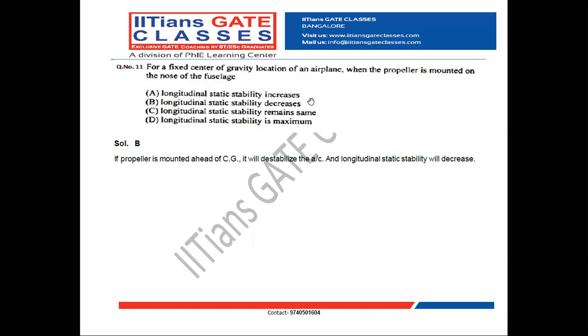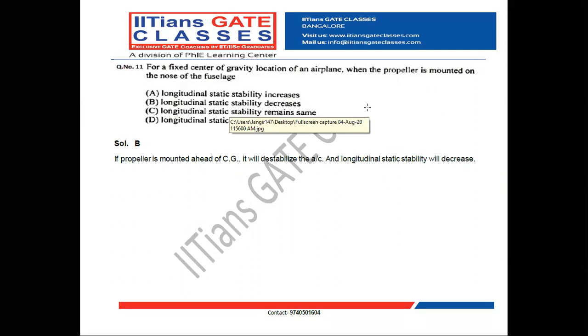That is, longitudinal static stability decreases when the propeller is mounted at the nose of the fuselage, when it is having a fixed CG location for an airplane. If the CG location of an airplane is allowed to change, that means it will have more longitudinal stability.